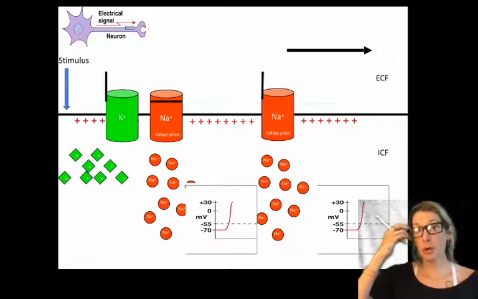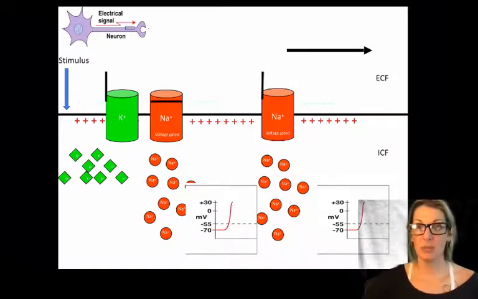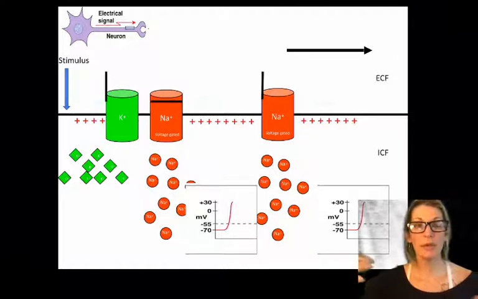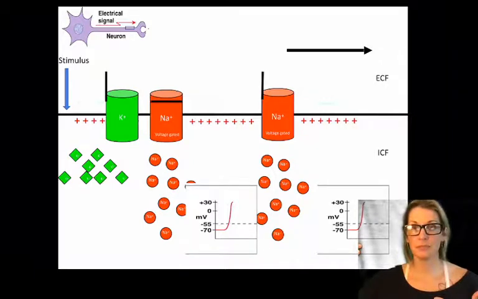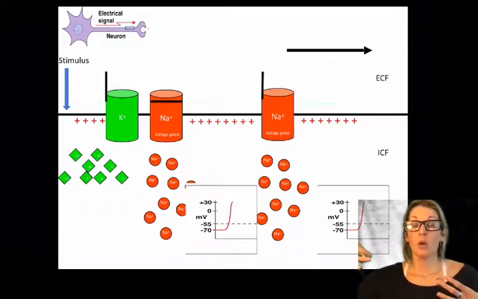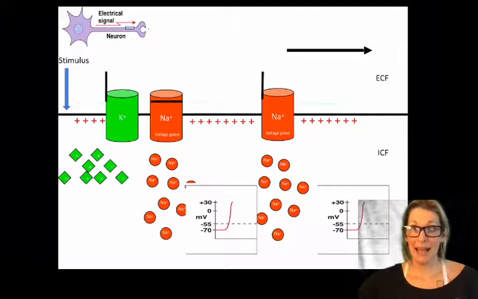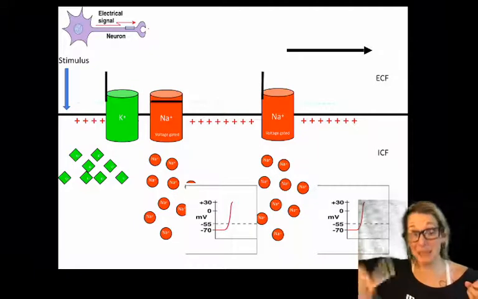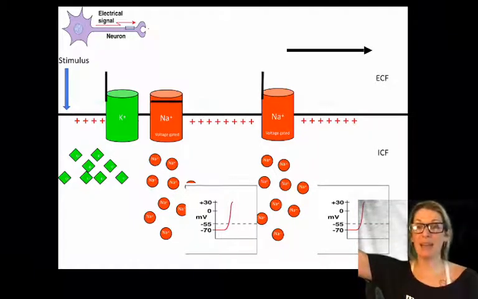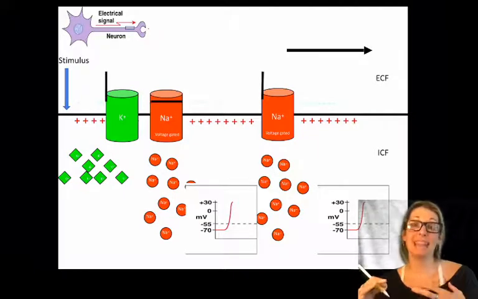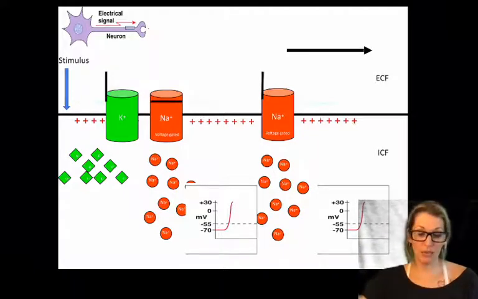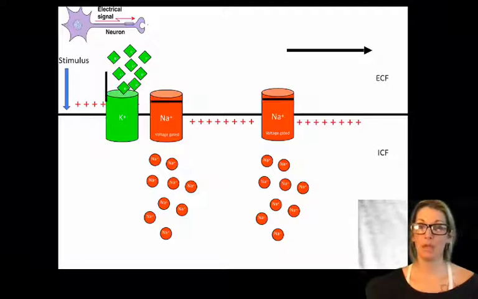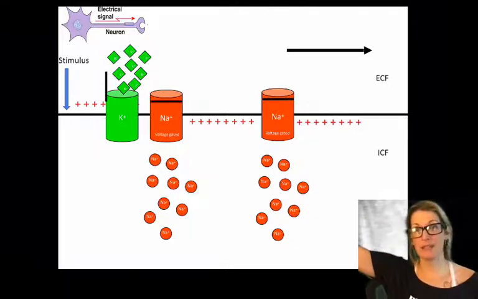And if you remember from our discussion of the sodium-potassium pump, where do we have more potassium? The pump was pumping potassium into the cell, right? So we have less potassium out of the cell. So for potassium to move down its concentration gradient, it moves out of the cell.